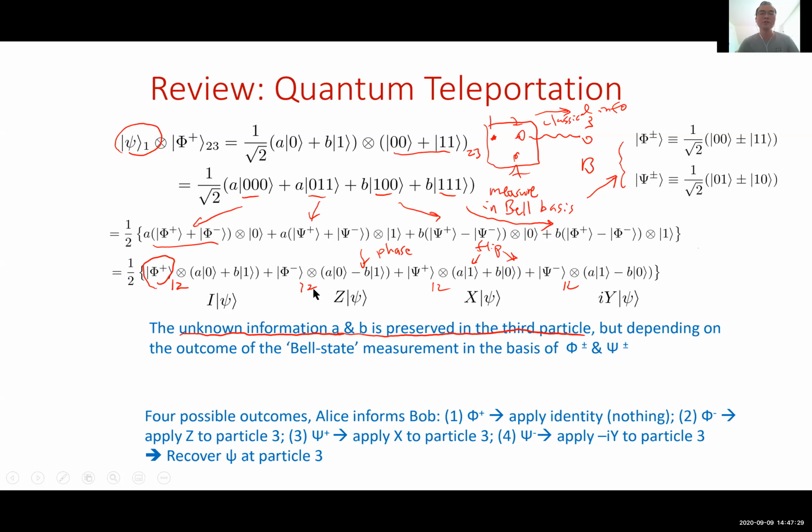For this case, if it's phi minus, you would need to apply the Z operator to correct the phase. If it's psi plus, you need to correct the bit flip. If it's psi minus, you need to correct both, and you can use Y operation. So that's the essential ingredient of the teleportation.